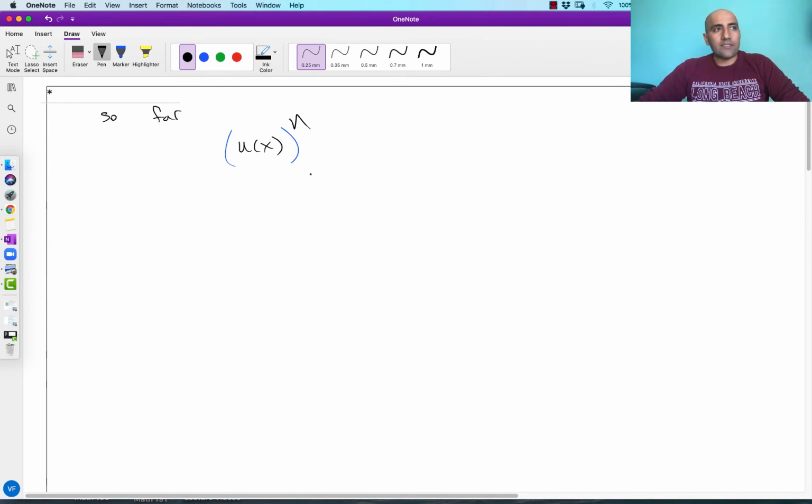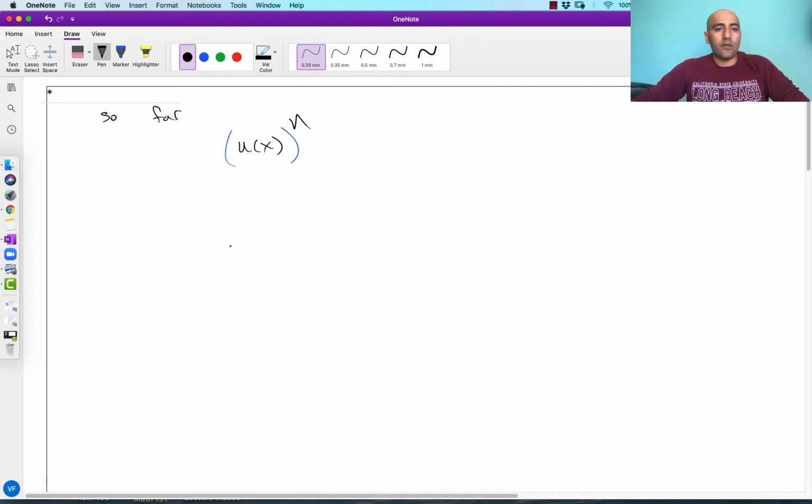The question now is, well, is there something a little bit more general? Something that doesn't limit us to just cases where we can describe it as some polynomial raised to a particular power or some inside function raised to a particular power. What if neither one of those functions is being raised to a particular power?